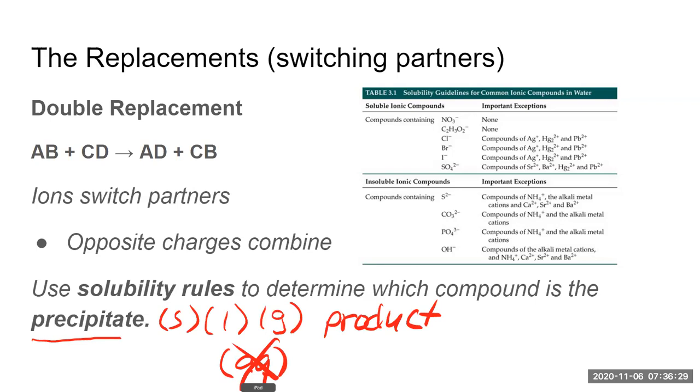Okay, and you would consult the solubility rules chart up here, and we'll use this in just a second in an example to determine if any of the ionic compounds that form are in fact not soluble in water, and so therefore will be the precipitate. Now, as far as gases and liquids are concerned, that's where you use your logic.